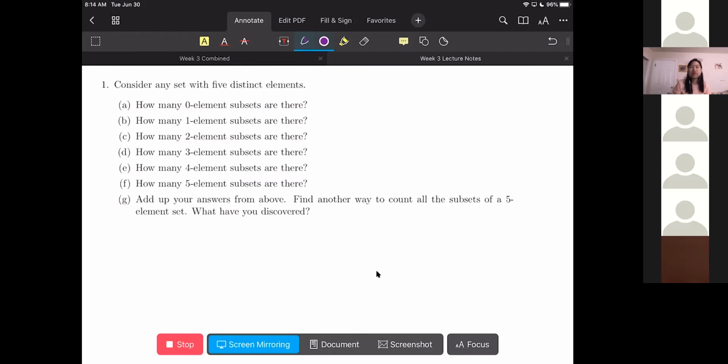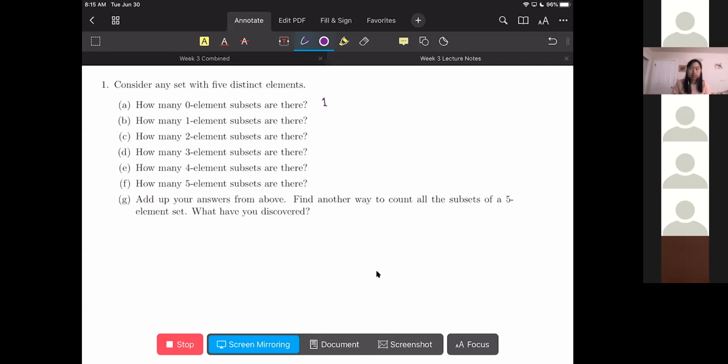So instead of using n and k, let's consider a set with 5 distinct elements. You can imagine it's like 5 numbers that are different, or 5 marbles that are different, whatever. How many 0 element subsets are there? Just feel free to speak up. Yep. Can you give a short explanation? Yeah, if we're looking for 0 element subsets, it would be choosing 0 out of 5 to form a subset, and 0 factorial is the same as 1.